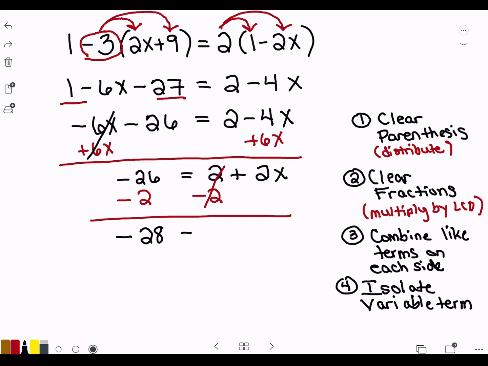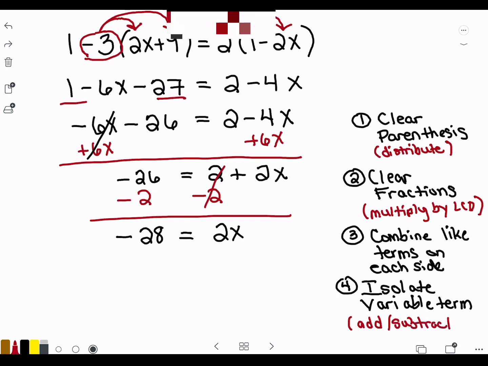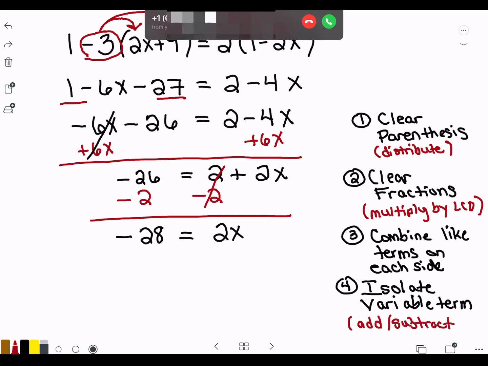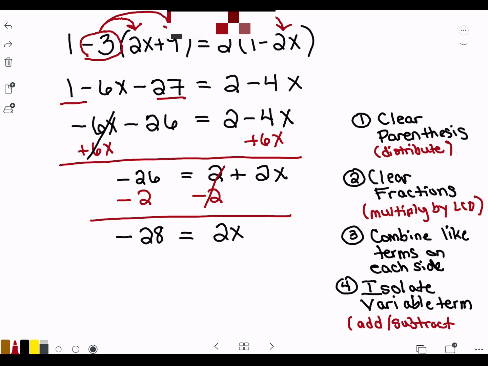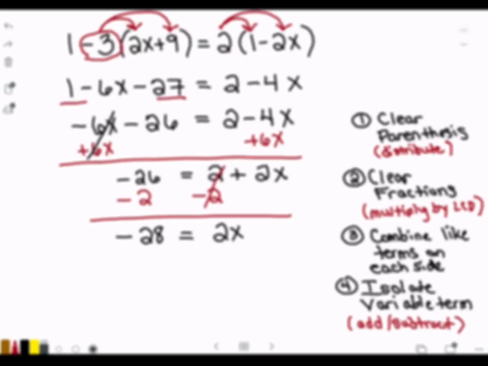I want the 2x to be on one side by itself. So now you see I have 2x by itself. And on the other side, I got negative 28. Now, when you are trying to isolate the variable term, you're adding and subtracting. Don't do any dividing, multiplying, none of that. You're adding and subtracting.